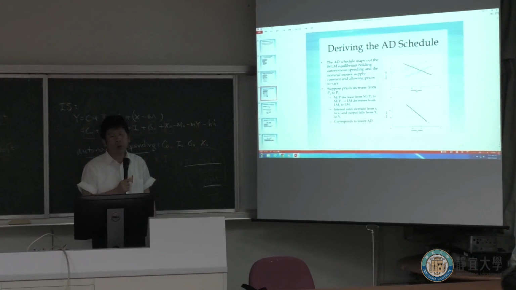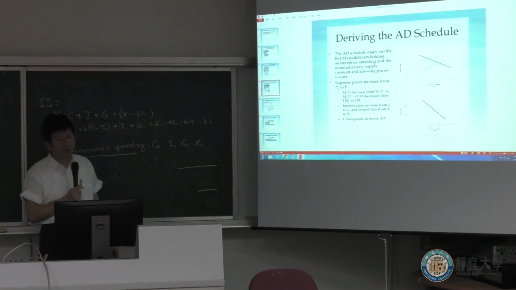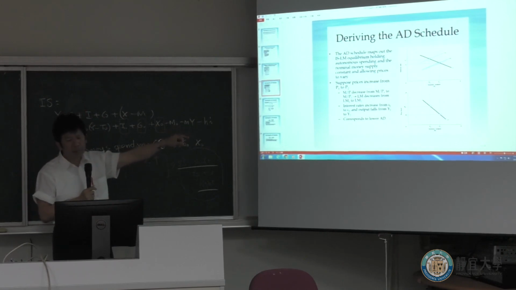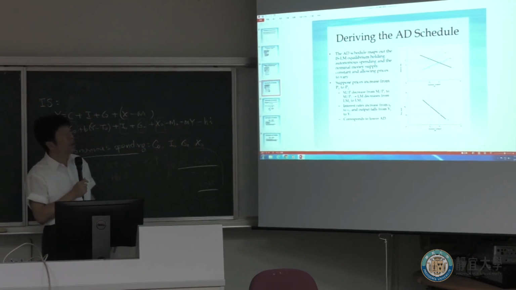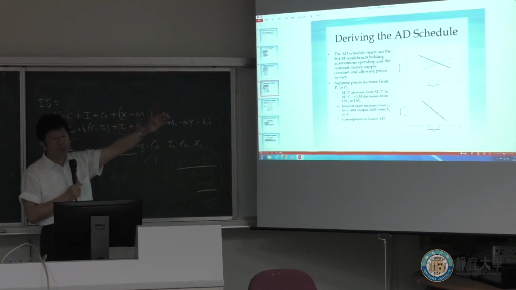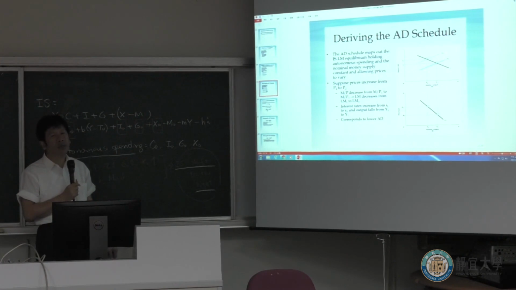When the price increases from P1 to P2, we can see the LM curve will shift to the left-hand side, because when P increases, the real money supply decreases.